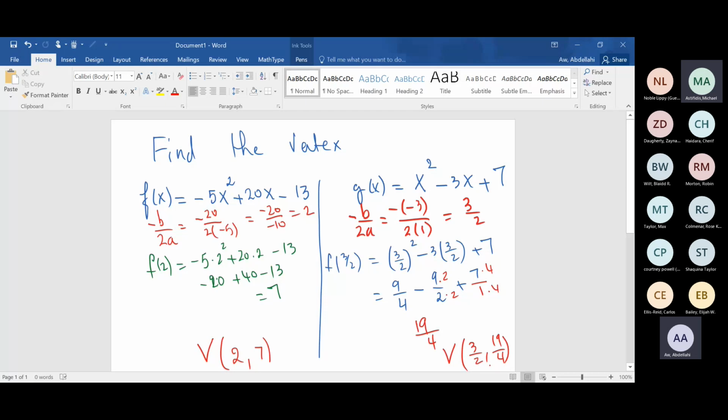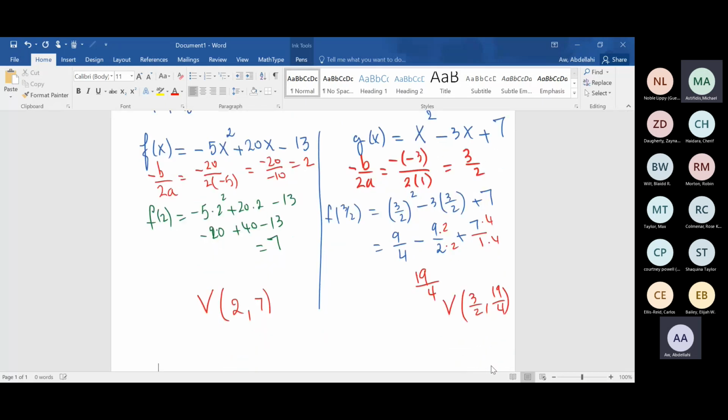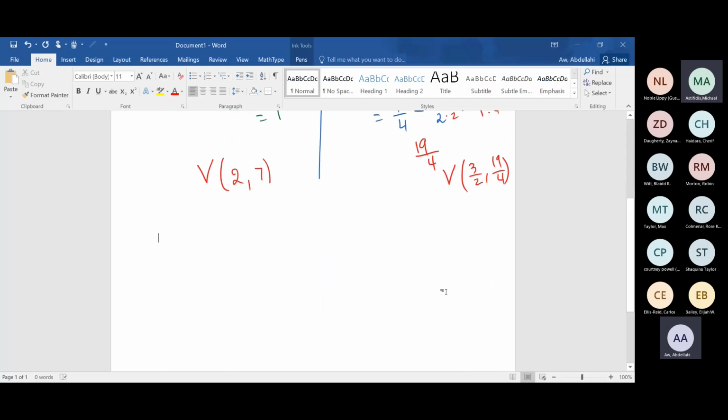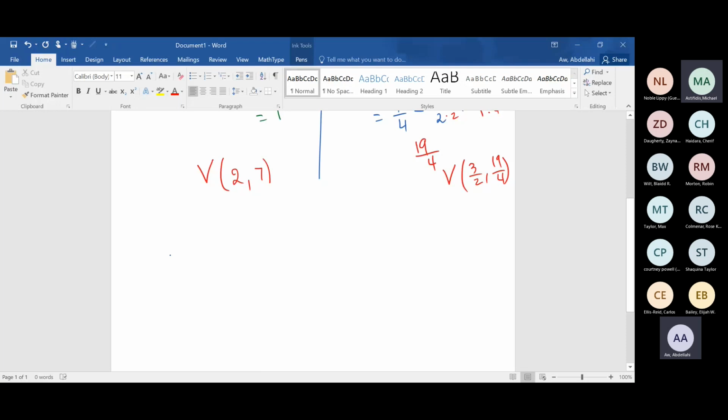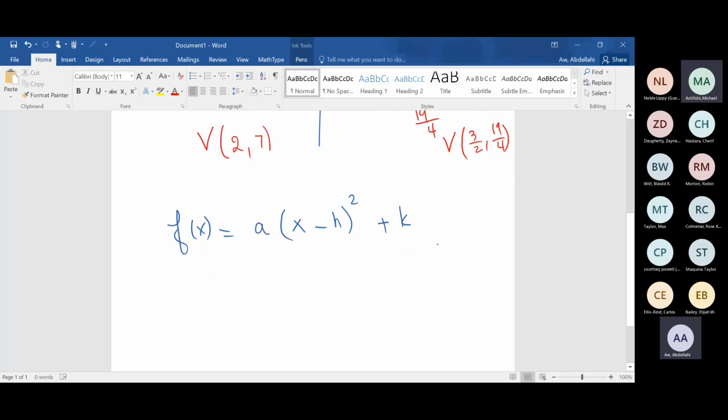All right, so don't forget that. I think this is way easier than finding the vertex form. Now look, what does the vertex form tell me? If I have f of x equals a times x minus h squared plus k, consider the original parabola f of x equals x squared.